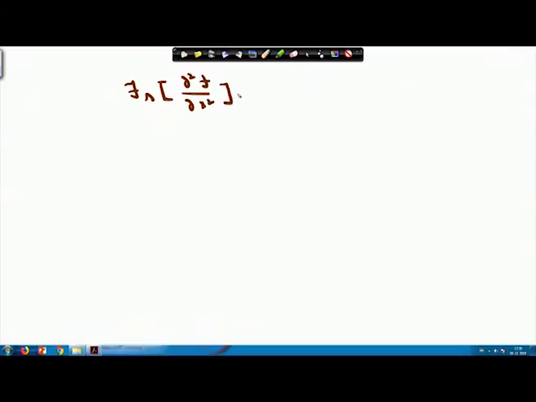This is equal to integral from 0 to L of del f by del x square into sin n pi x by L into dx.